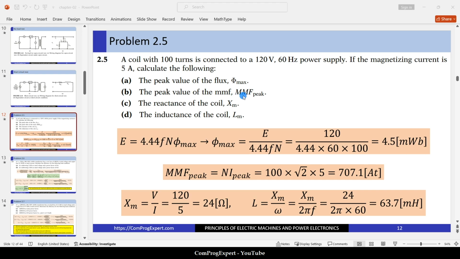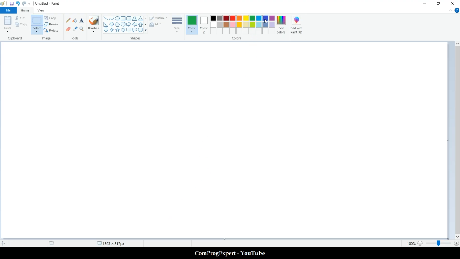You know that the peak value of the magnetomotive force corresponds to the peak value of the magnetizing current. The RMS value of the magnetizing current is given here, 5 amps. So we can calculate the peak value of the current.